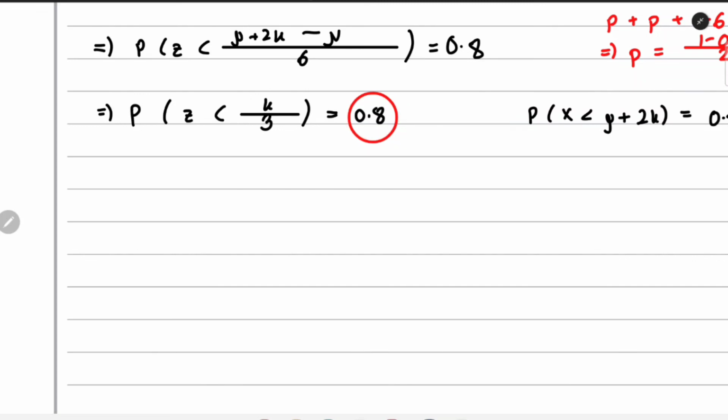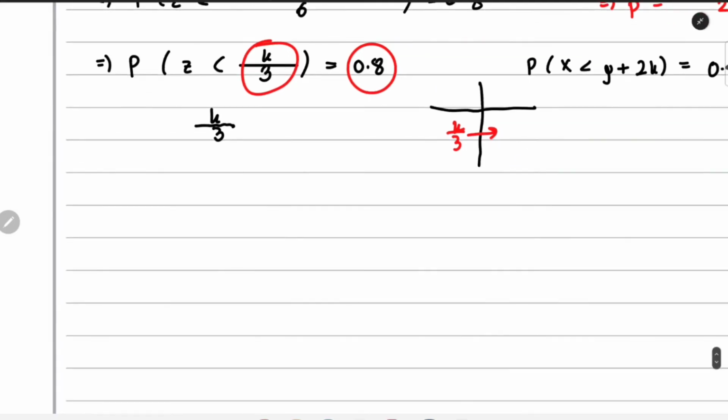When the probability is 0.8, the value of z would be, we'll see the table, but instead of what we normally do, seeing the value over here and matching it with the probability, in this case we'll see the value 0.8 and then try to find the probability closest to it. So k by 3 would be 0.8416.